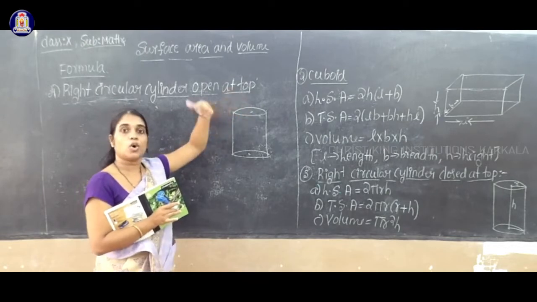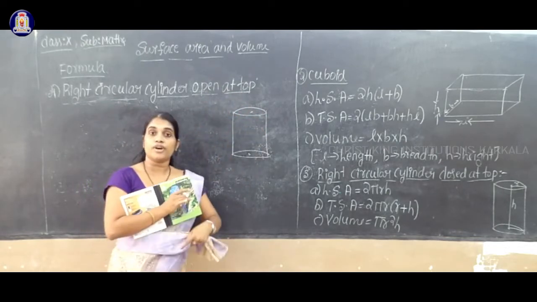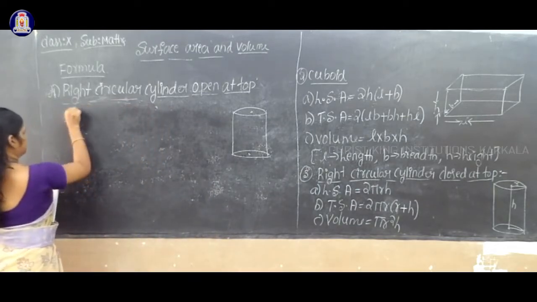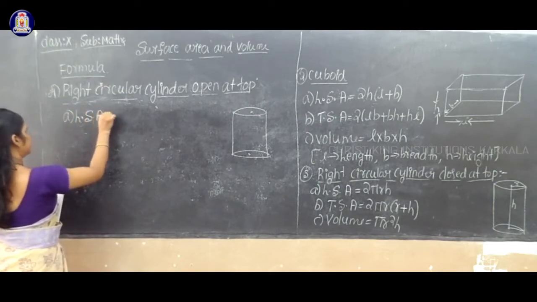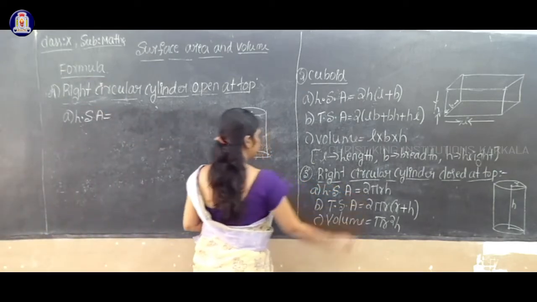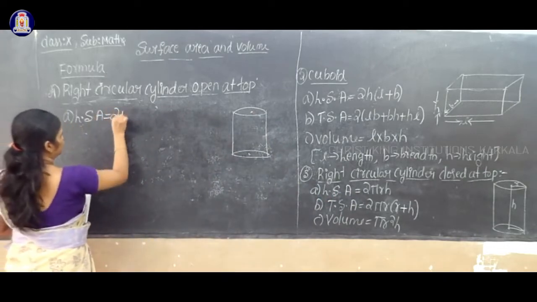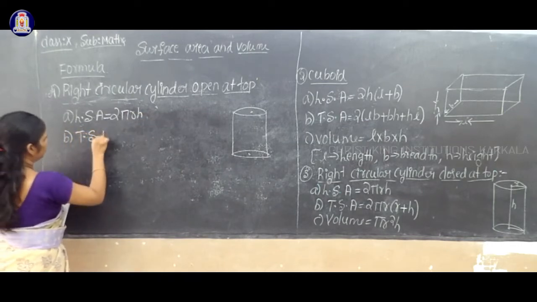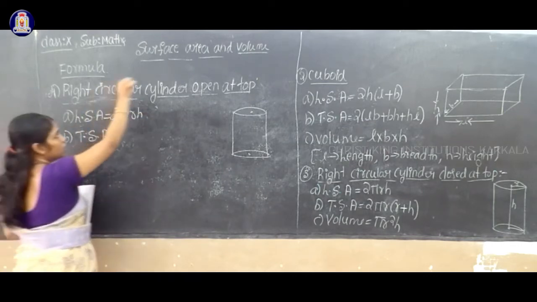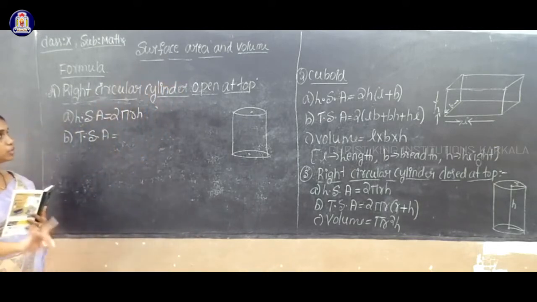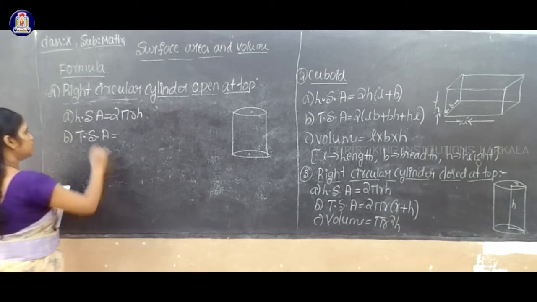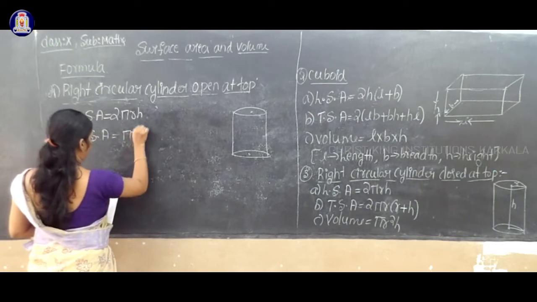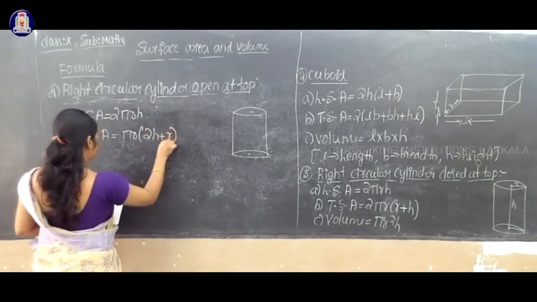Suppose its top is open, then what is the formula we'll use to find LSA, TSA and the volume? First, LSA. While finding LSA, the formula will be the same, 2 pi r h, but only the TSA formula will change if the top face of the cylinder is open. That is given by pi r into 2h plus r.